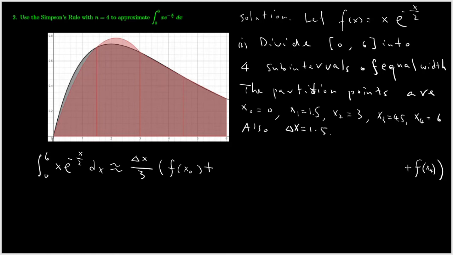And then for all the terms in between, there's a factor of 4 and 2 alternating involved. This term would be 4 times the value of the function at x1, and then plus 2 times the value of the function at x2, and then plus 4 times the value of the function at x3.